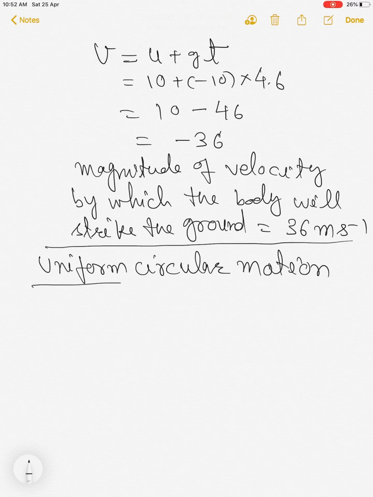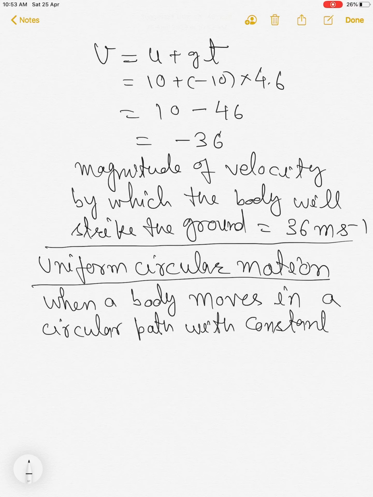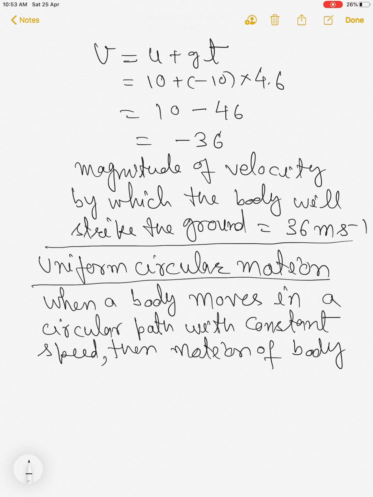When a body moves in a circular path with constant speed, then the motion of the body is known as uniform circular motion.